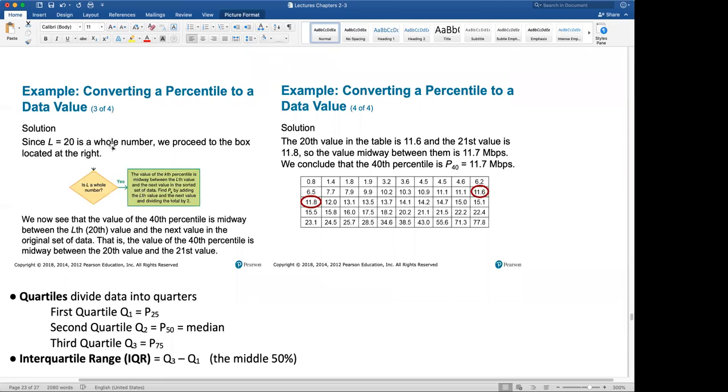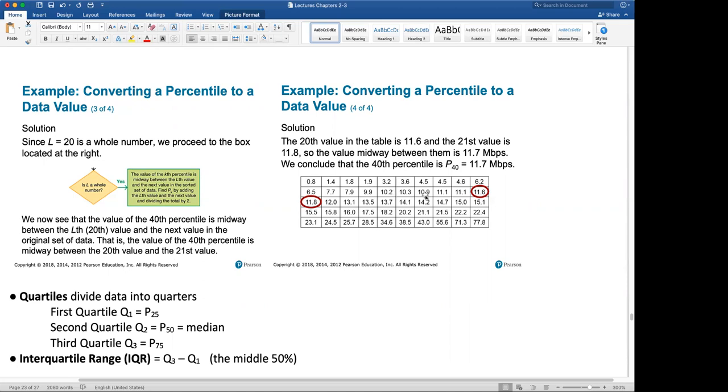Since L is 20, a whole number, we proceed to the box located at the right. We see that the value of the 40th percentile is midway between the 20th value and the next value in the original set of data, that is, between the 20th value and the 21st value. So we find the 20th and 21st values in the sorted data set.